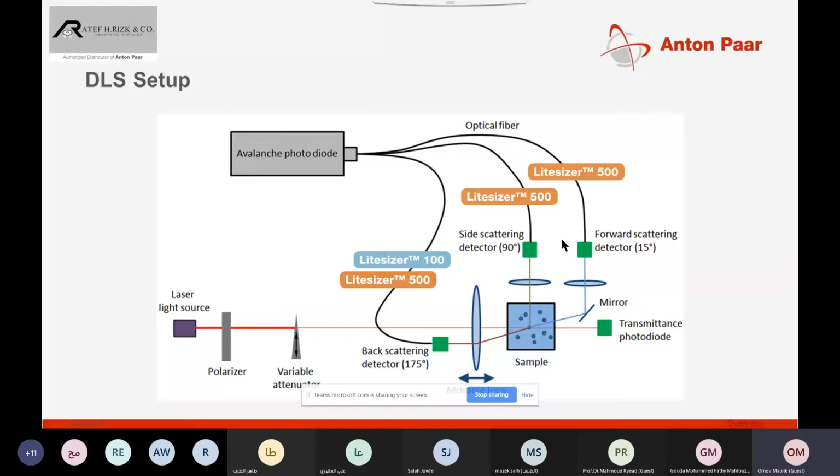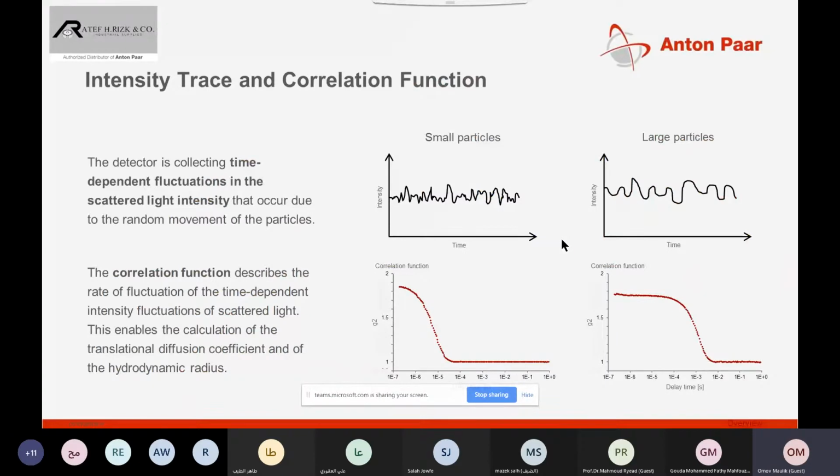So when we talk about the data in this case, it is basically the scattering of the laser light because of the particles. The basic difference here is that, considering that smaller particles will move fast and the bigger particles would move slow, you would have a variation in the scattered light.